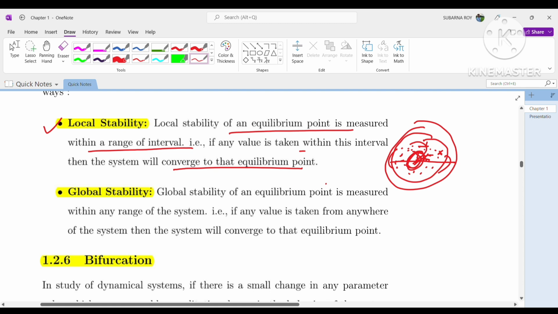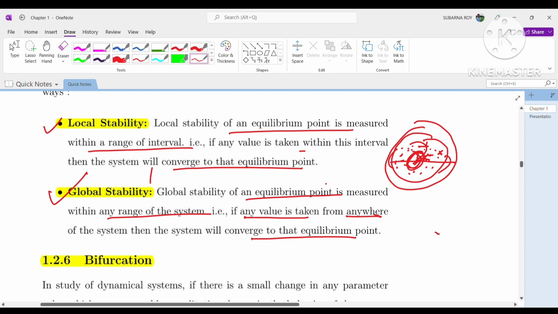And global stability of an equilibrium point is measured within any range of the system. That is, if any value is taken from anywhere in the system, then the system will converge to the equilibrium point.